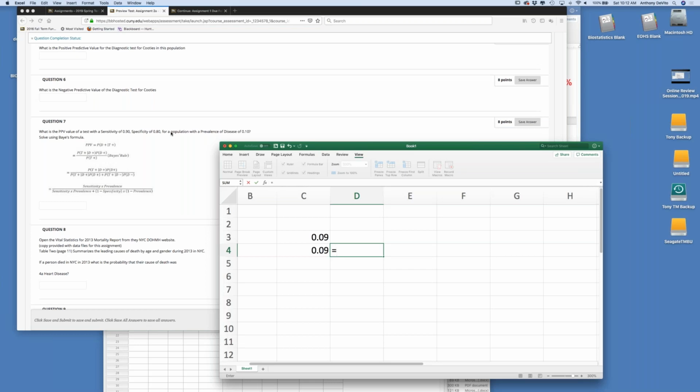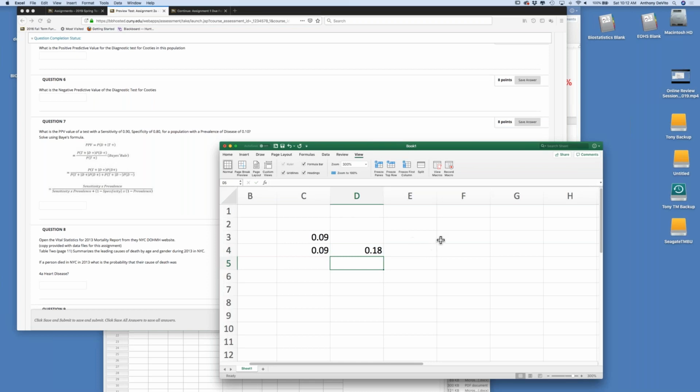It's not the same problem as before, keep that in mind. So 1 minus specificity is 0.2, times 1 minus the prevalence. The prevalence was 10%, so 1 minus the prevalence is 90%, or 0.9. Okay, so that's equal to that.